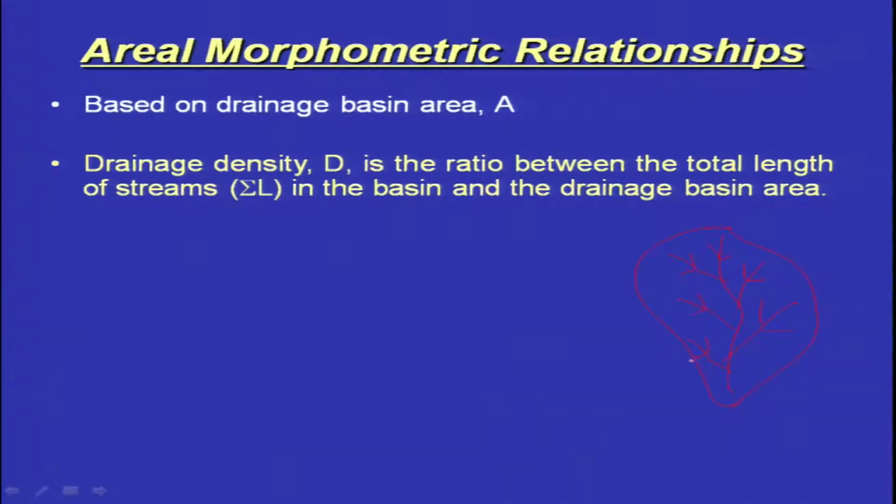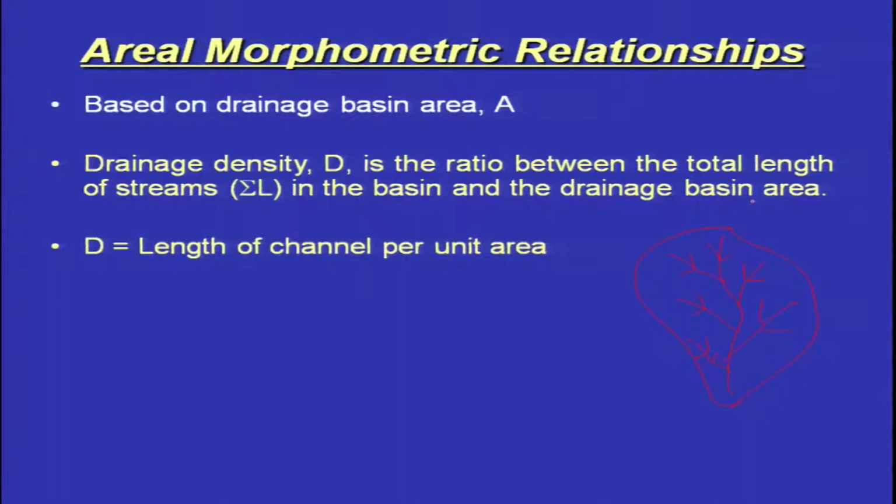So you take into consideration the ratio between the total length of the streams which are available, irrespective of their order. You sum this up and then take the ratio with the drainage basin area.